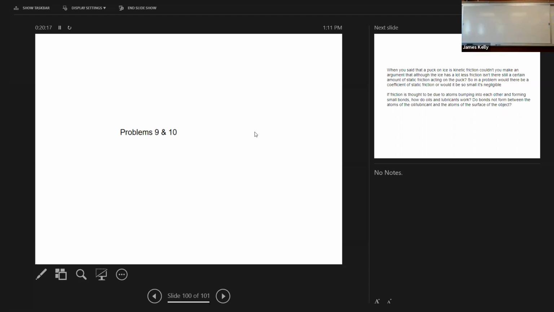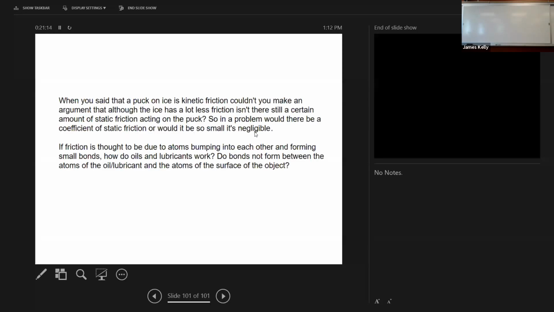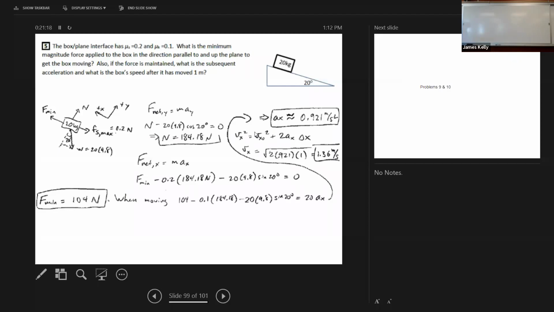See if you can find out how to figure out at what angle it slips. Flip back here just in case anyone wants to refer to that.